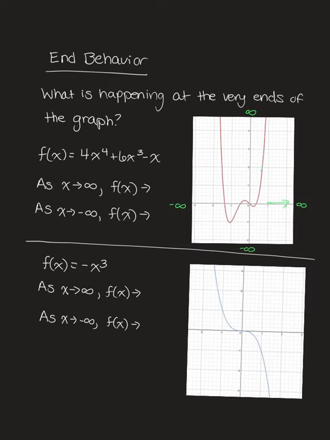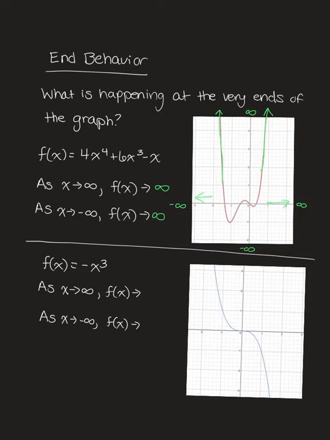If I trace the graph to the right, it's shooting upwards towards positive infinity. As x goes to negative infinity, so now we look to the left, trace where is the graph going? It is shooting upwards towards positive infinity. So that's the end behavior, okay? And this is an even function, so it's going to have the same end behavior as a quadratic.